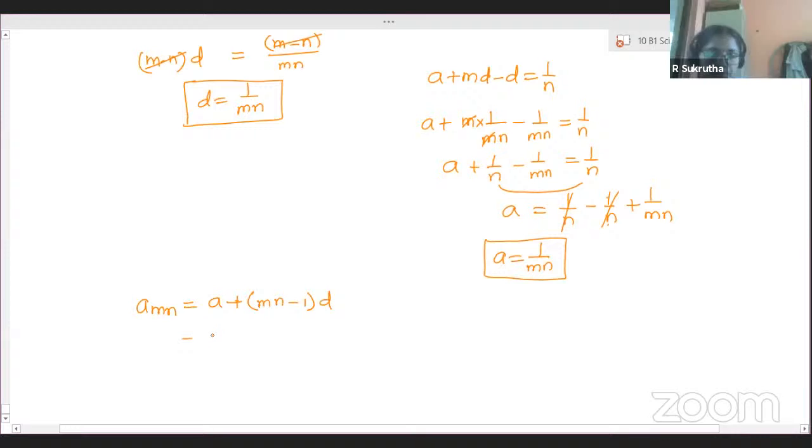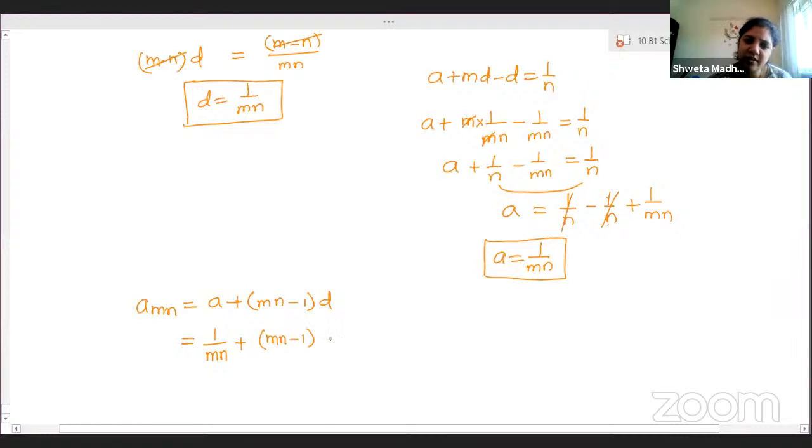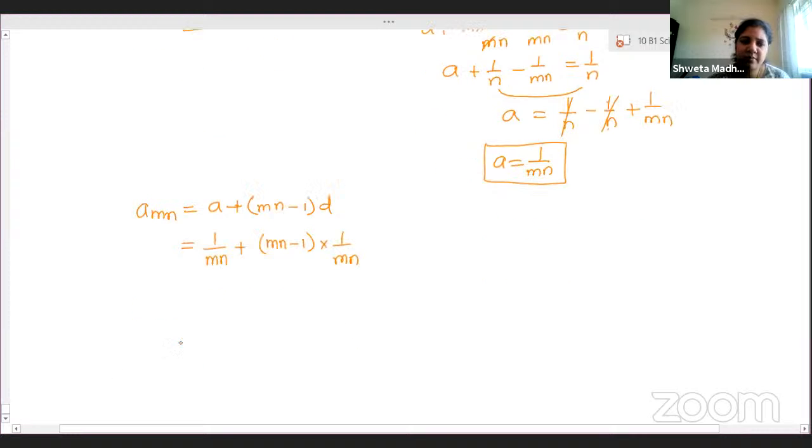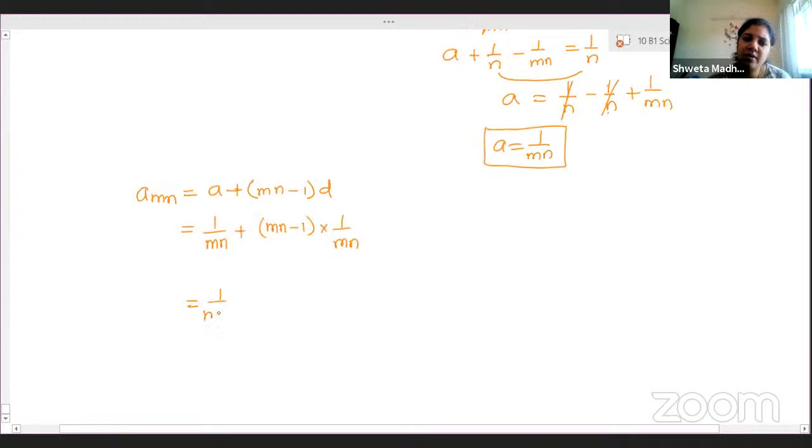So A is 1 by mn plus mn minus 1 into d. D is 1 by mn again. So multiply: 1 by mn plus mn into 1 by mn minus 1 into 1 by mn. So this mn gets cancelled.